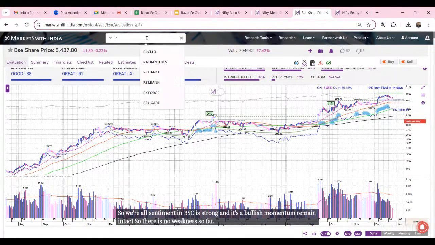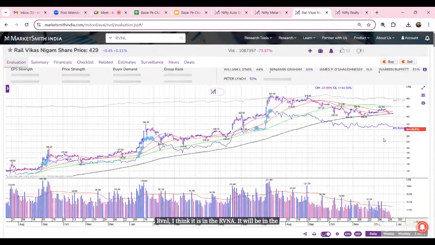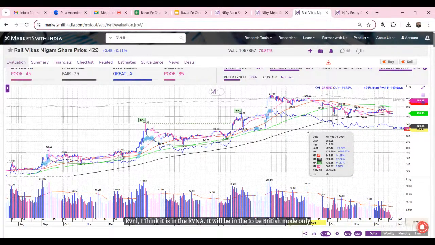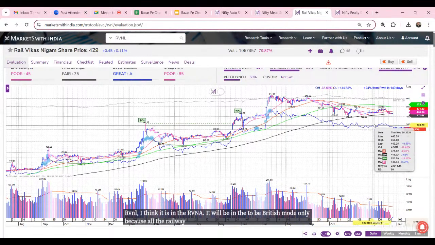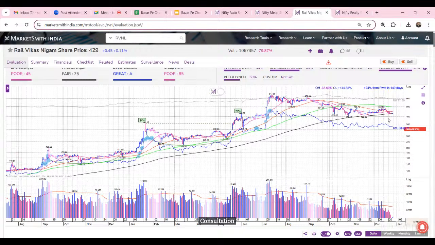RVNL. It will be in the bearish mode only, because all the railway stocks are trading in the same range. Whether it is RVNL, IRFC or Titagarh, they are also trading sideways or in consolidation base formation. All these stocks are going through this.